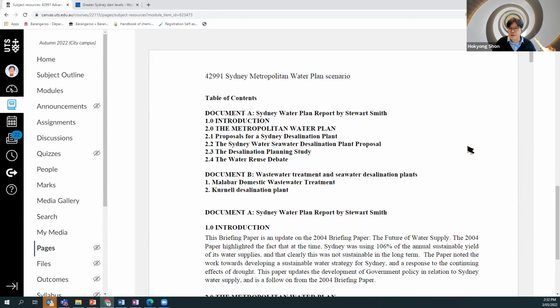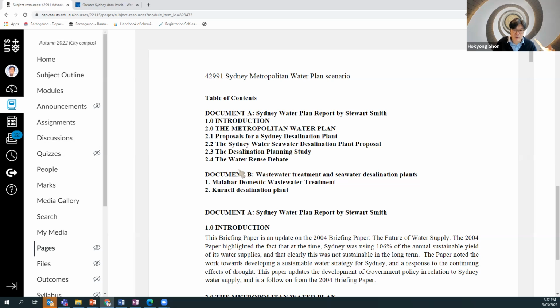This scenario covers the Sydney water plan report, and the introduction: the metropolitan water plan, proposal for a Sydney desalination plan, the Sydney Water seawater desalination plan proposals, desalination planning study, the water reuse debate.